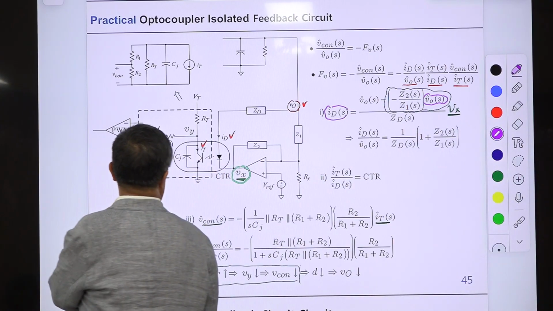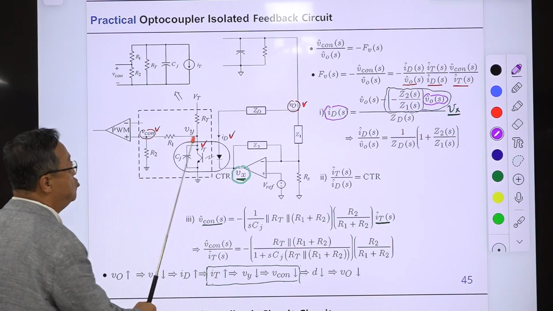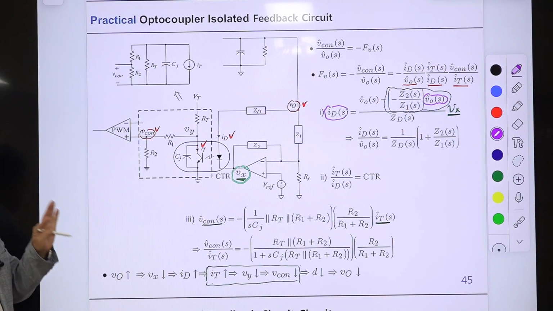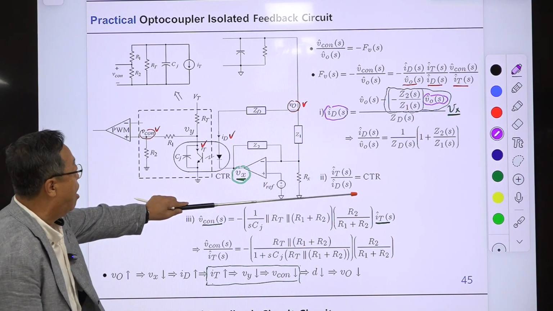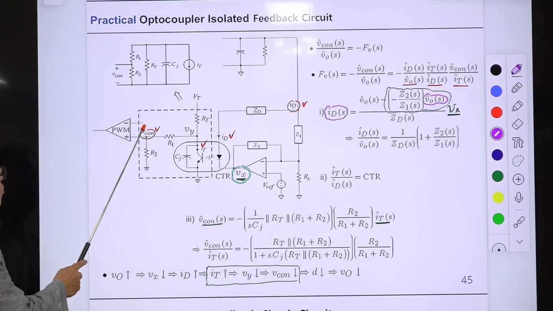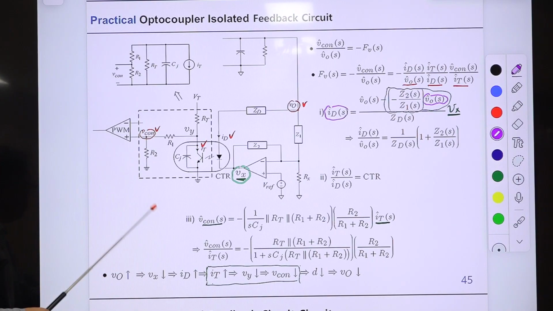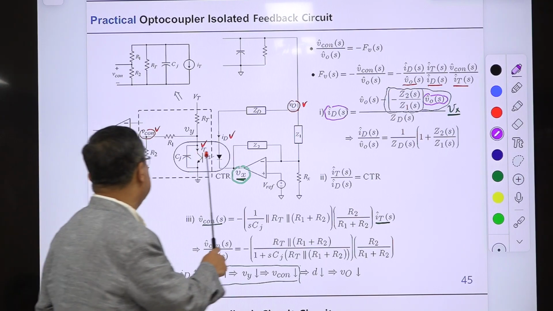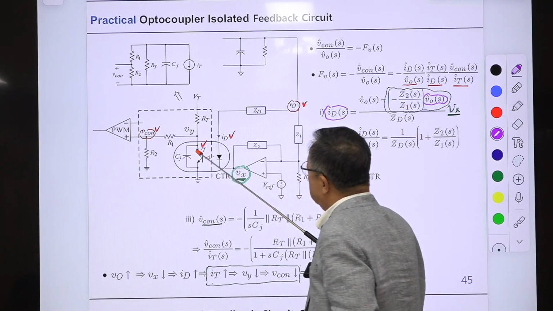The transfer function from ID to IT is defined as CTR, current transfer ratio. So this is a CTR. Okay. Then the transfer function from IT to VCon is even simpler because this functions as a current source.